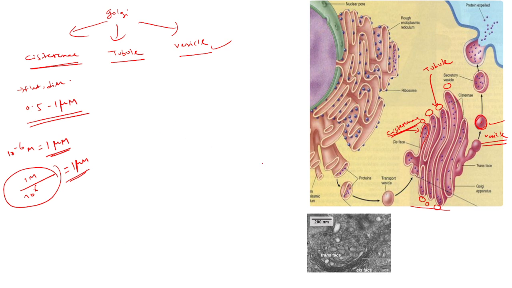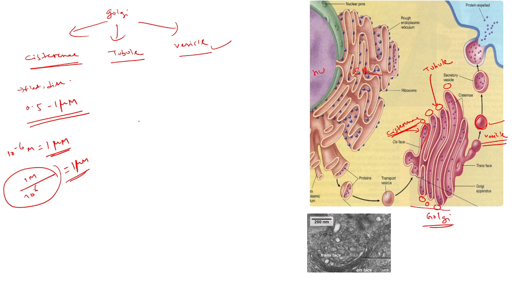Look at the structure. This is the nucleus, this is the ER, and this is the Golgi. The Golgi has two parts. One is called the convex and another is called the concave.